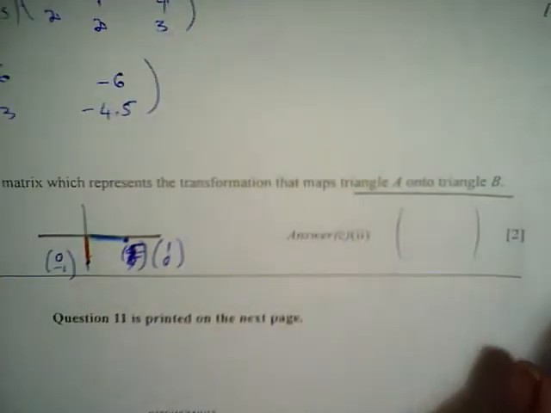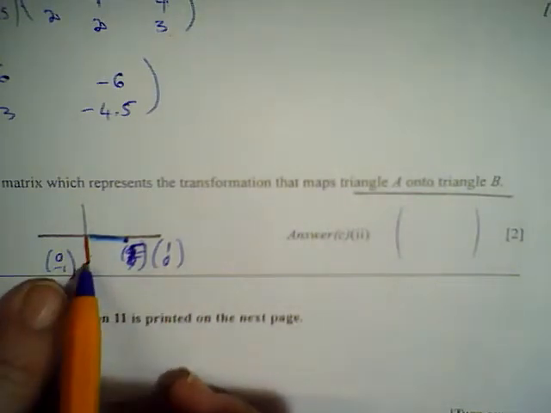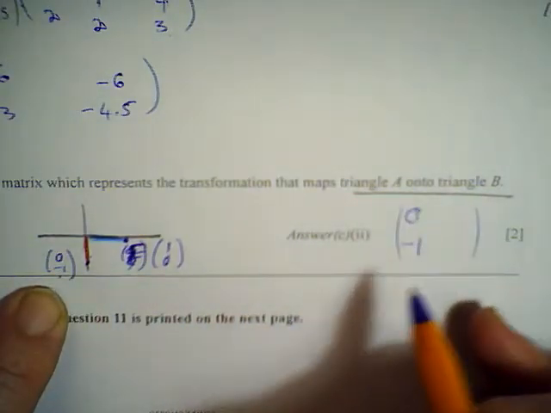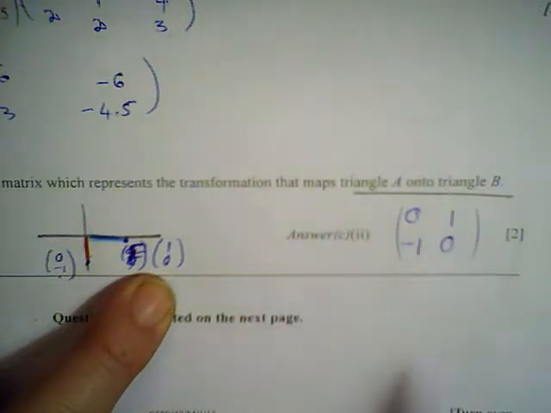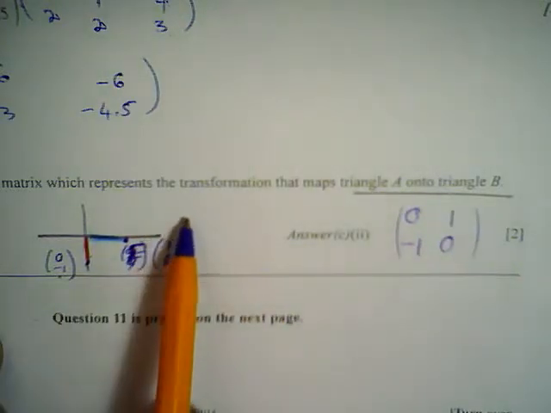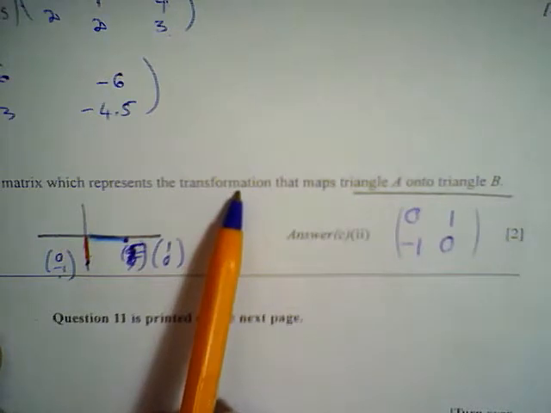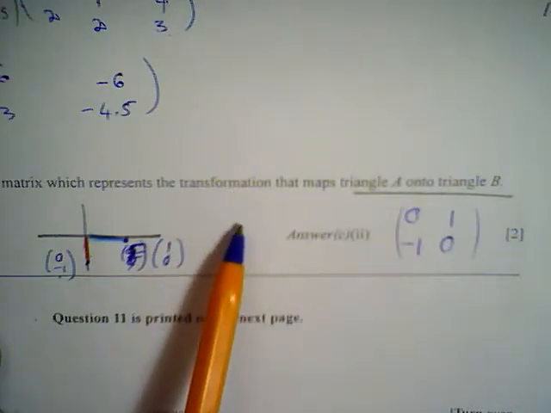So if I write that 2 by 2 matrix, whatever happened to my red axis, the x-axis, needs to be written first. So it would be 0, -1, and then what happened to the y-axis? 1, 0. And that is the 2 by 2 matrix that represents a transformation of a 90-degree clockwise rotation.